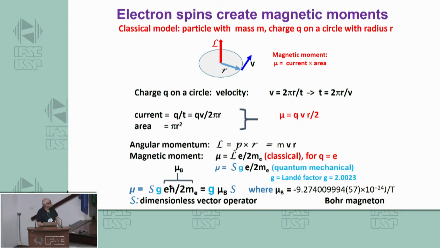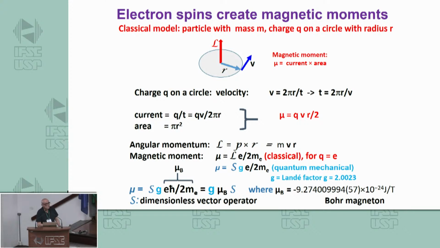Okay? So the classical model would be a charge q going on a circular trajectory, having a velocity v, and the radius of the circle would be r. Then basically this would create a magnetic moment.